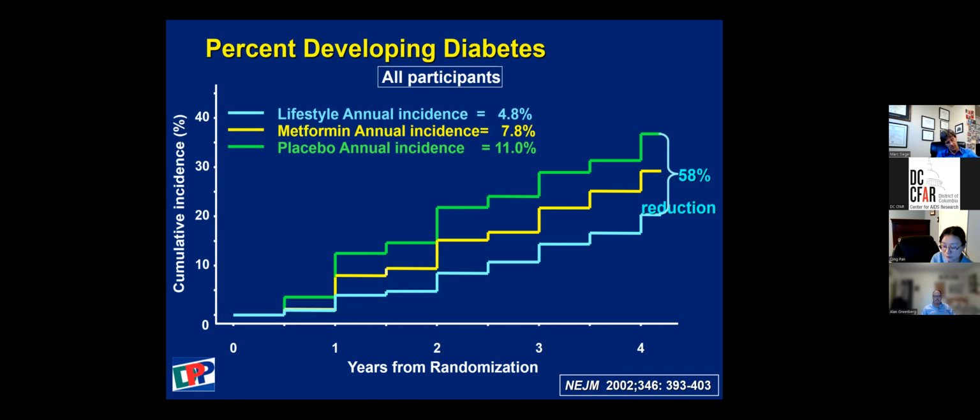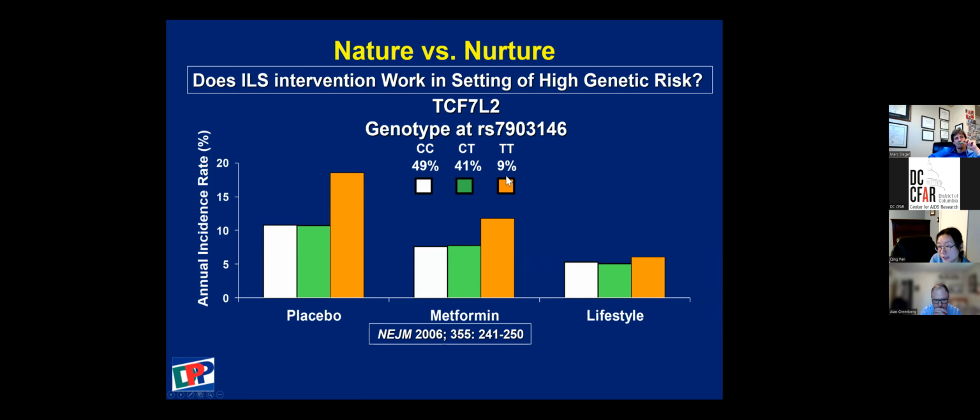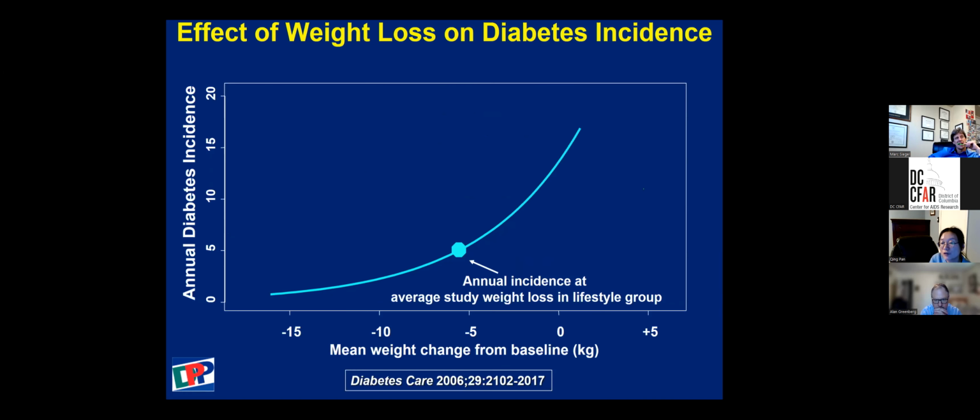If you do lifestyle, then this TT genotype is almost the same as the other two genotypes. So this genotype increases people's risk of diabetes, but if you exercise, you can reverse it, or lessen the impact.